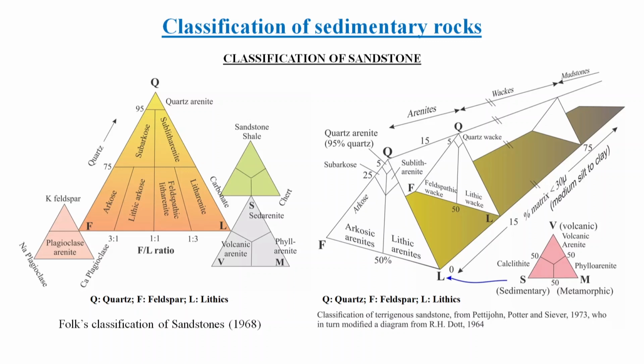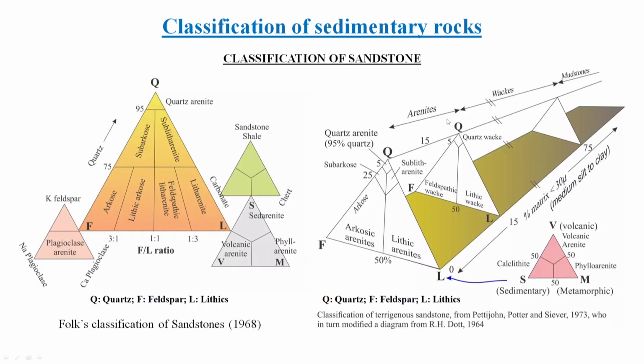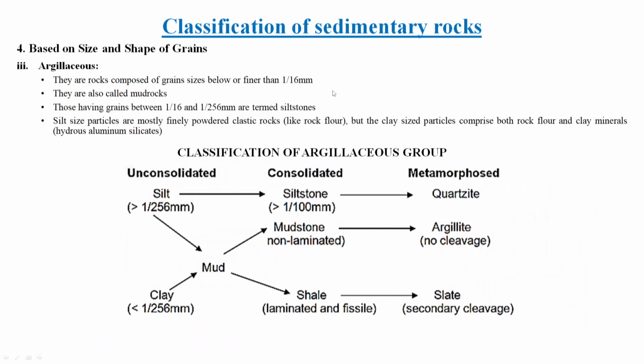Each individual rock should be discussed in greater detail in an advanced discussion on sedimentary rock. But just to summarize here, sandstone can be classified mainly based on the presence of quartz, feldspar and lithic fragments, and based on that they are segregated as arenites, wackes and mudstones.